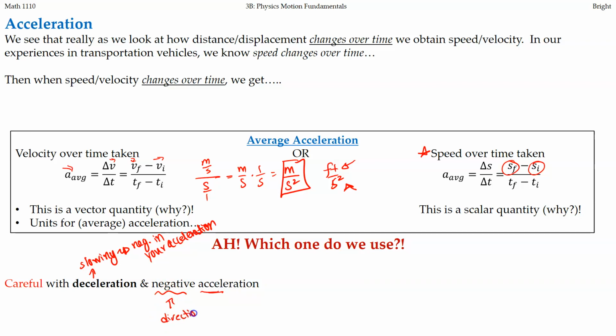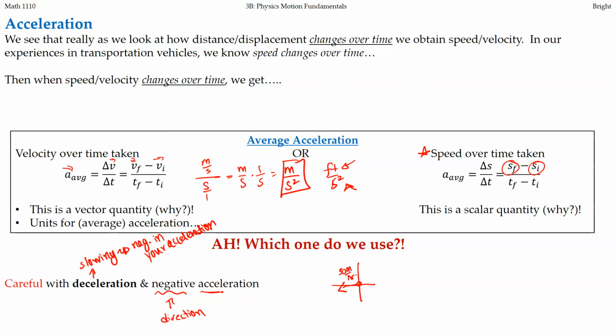Imagine you're starting at city center, and you're stopped, and then you are driving due west, and you get up to 30 miles per hour.